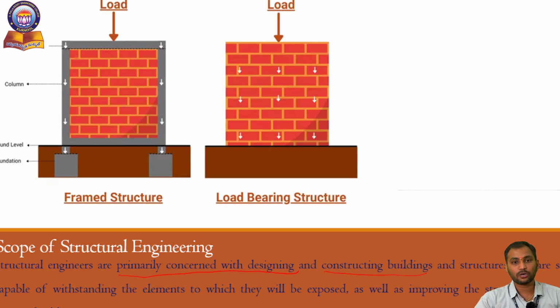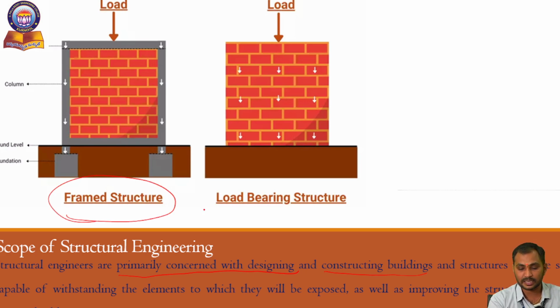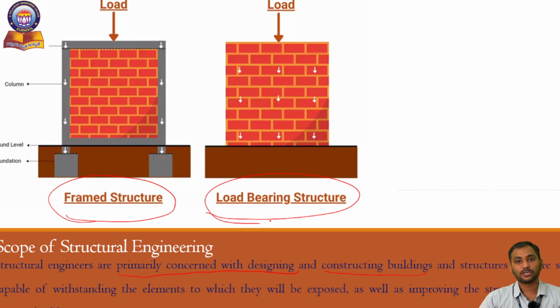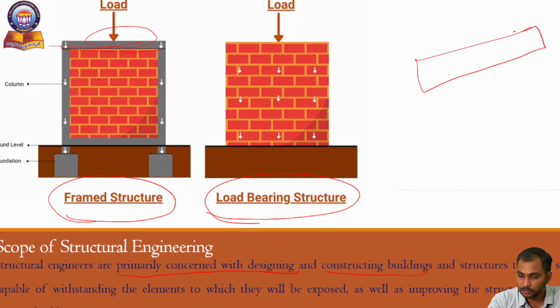Right. So here we are seeing one is a framed structure, another one is a load bearing structure. In the framed structure, what we observe, which we see in our homes, is that slab and beam parts will be present. These are the beams.